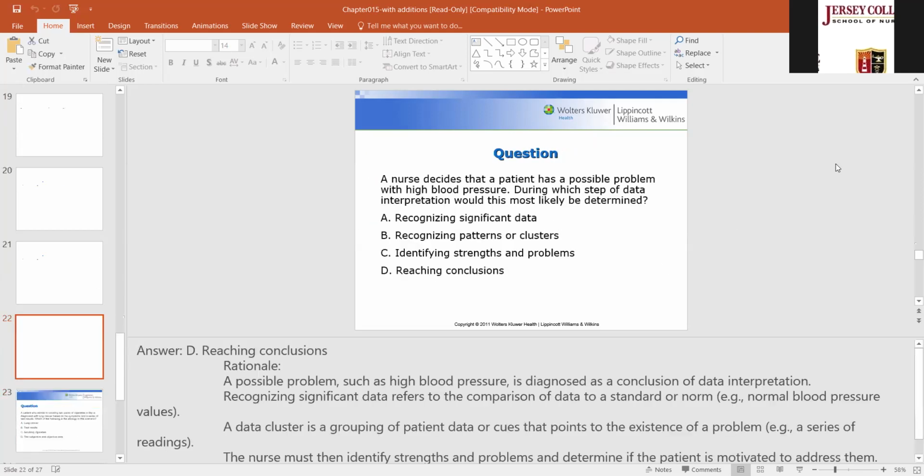All right, a nurse decides that the patient has a possible problem with high blood pressure. During which step of the interpretation is this most likely to be determined?